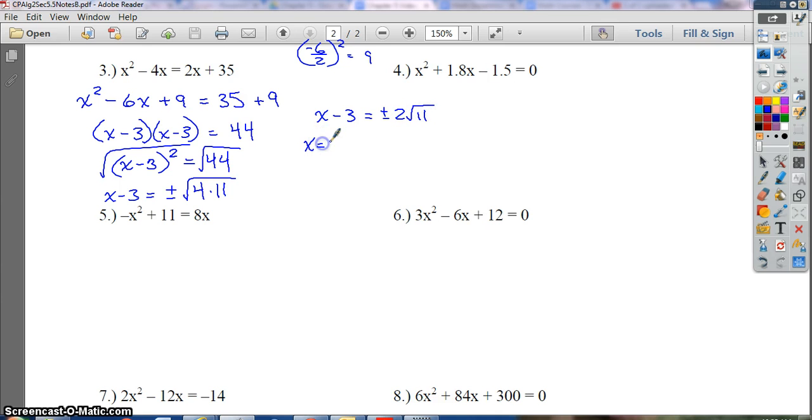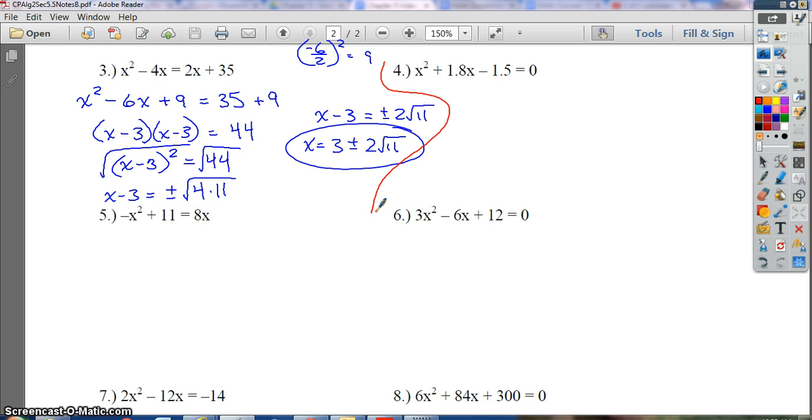And then I'm going to add my 3 over, which allows me to stop here. So positive 3 plus 2 root 11 and positive 3 minus 2 root 11. All right.